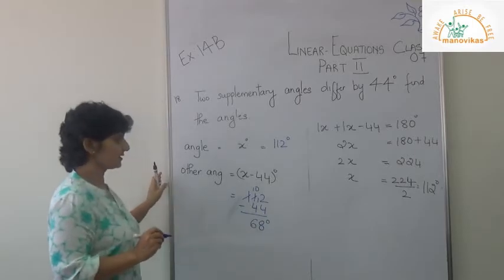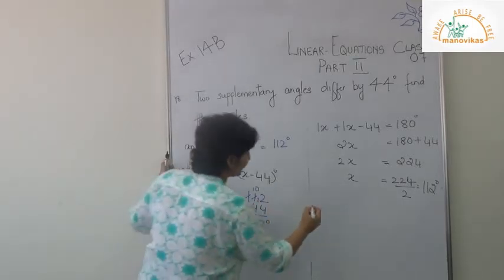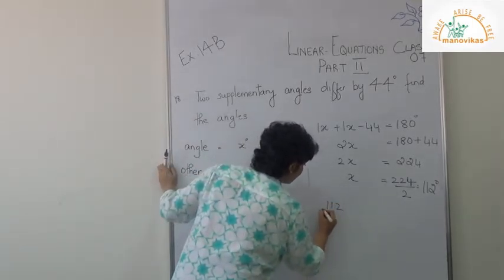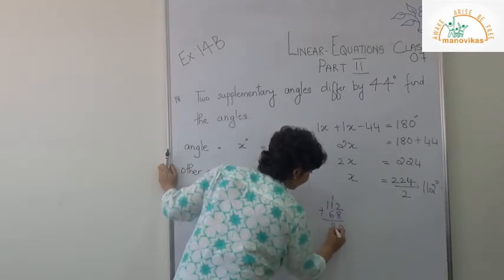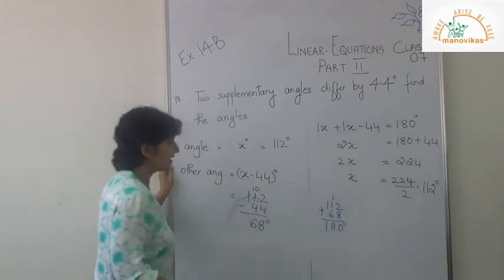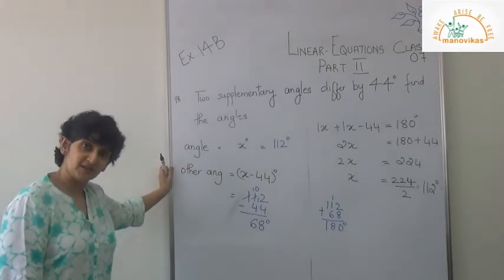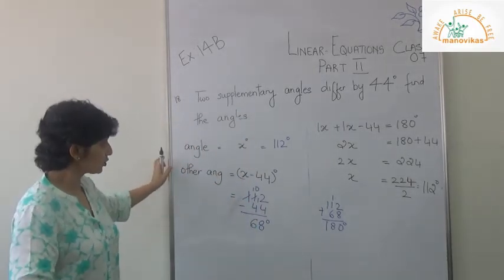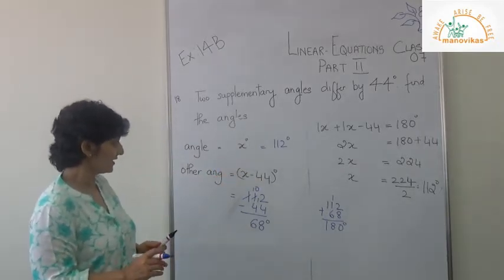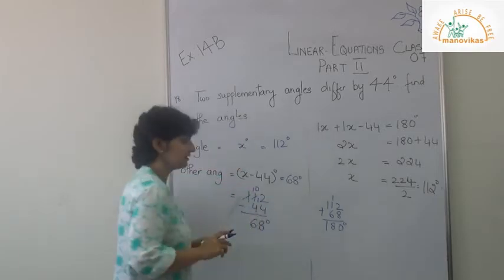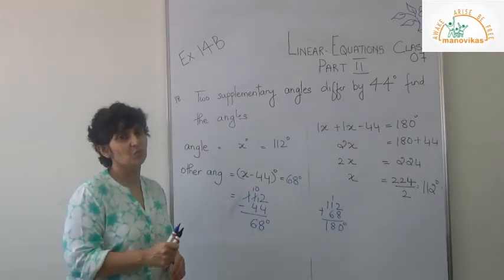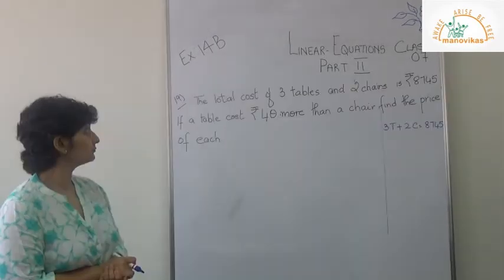Correct? So when I add 112 plus 68, 8 into 10, 8, 1. It gives me 180 degrees. So did you understand, children? So your one angle is 112 and the other angle is 68 degrees. Is this clear? Let's move on to the next question.